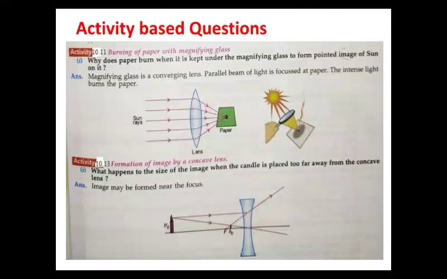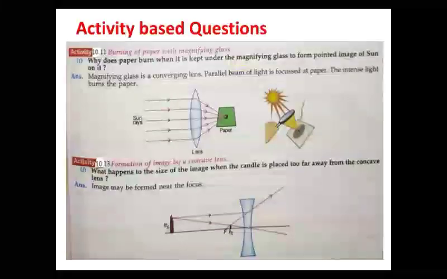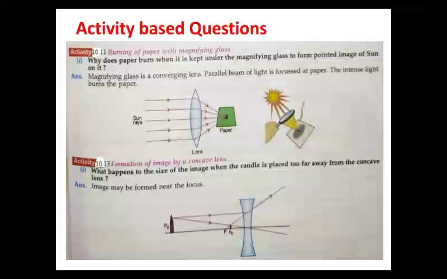Hold the paper and lens in the same position for a while. Then what will you observe? You will observe that the paper starts burning. So the question based on this activity is, why does the paper start burning? The answer is, a magnifying glass is a converging lens, and the parallel beam of light is focused at the paper, and the intense light burns the paper.